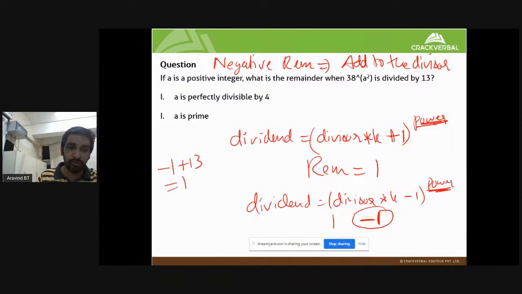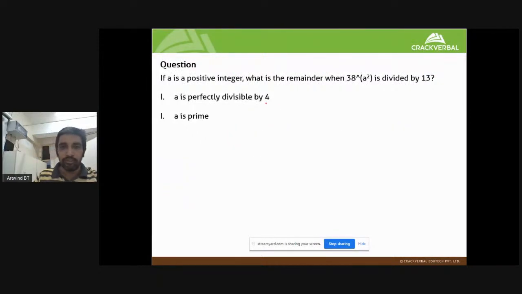The positive remainder will be 12. So remainder of minus 1 is equivalent to a remainder of 12. I hope I am clear on this. So the first statement alone is sufficient for us to say the remainder is definitely 1.